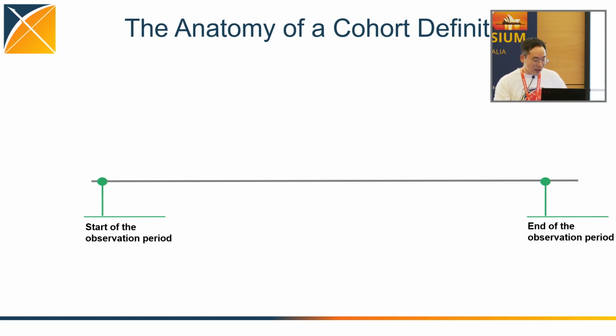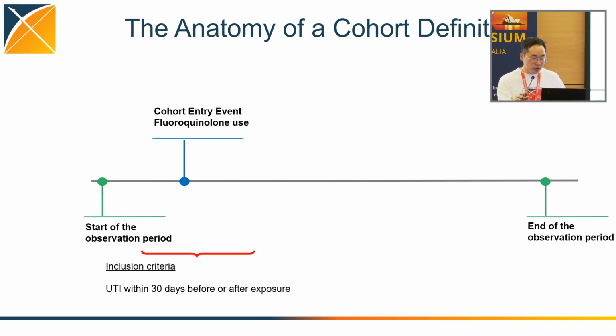First of all, the entry event should be fluoroquinolone use without any doubt. And we want to add an inclusion criterion that the patients have a UTI within 30 days before and after exposure to fluoroquinolone.